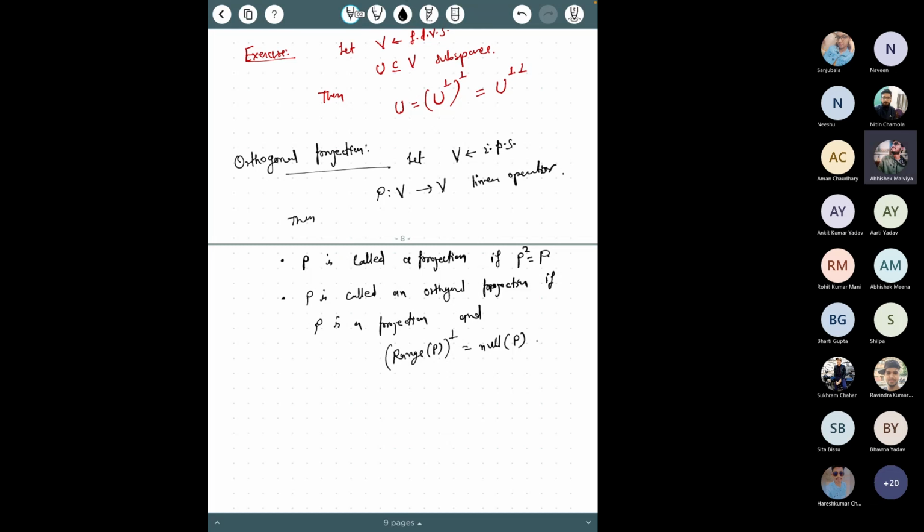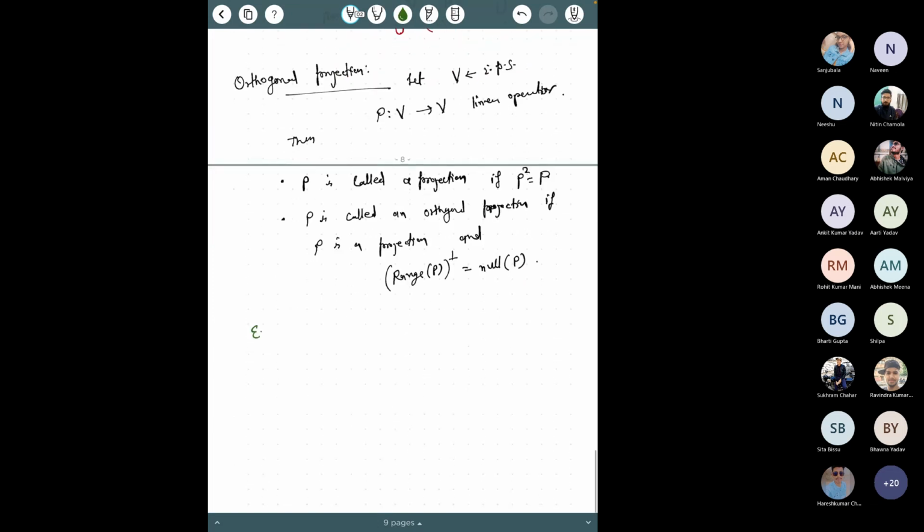Let me give you an example. Suppose that we have an inner product space and let U be a subspace, and assume that it is a finite dimensional subspace.